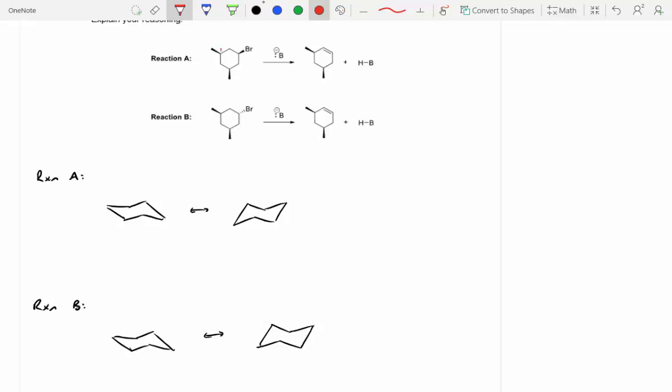I draw really skinny and really fast, and I'm really skinny. 6, 4, 5, 6. So I'm going to number my carbons too, just for simplicity's sake.